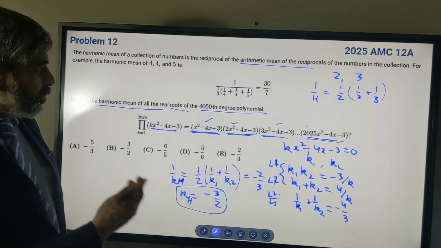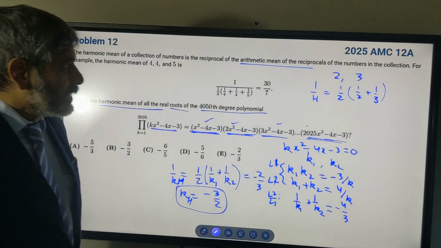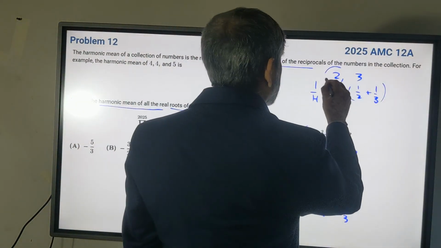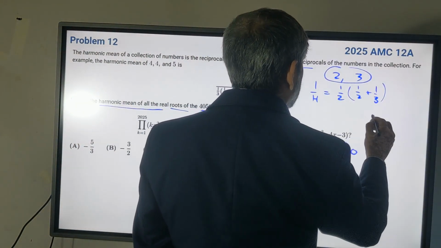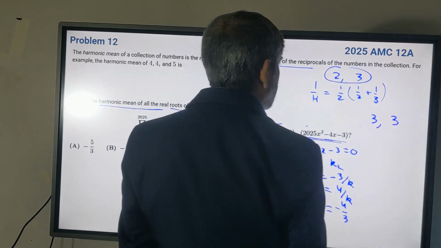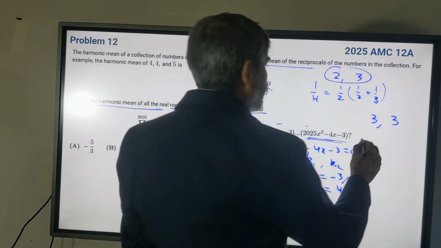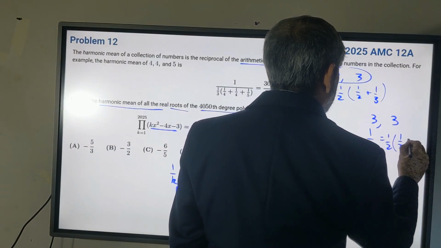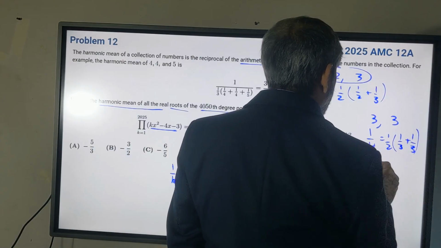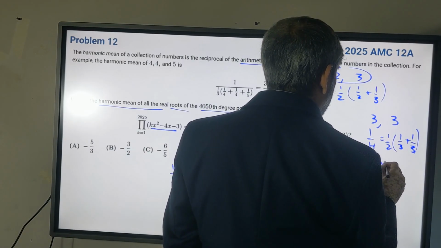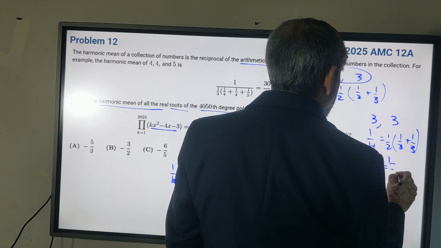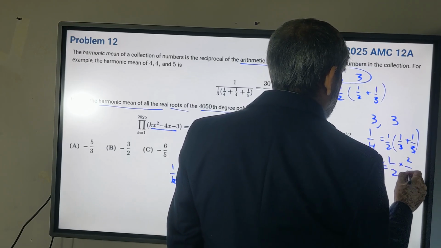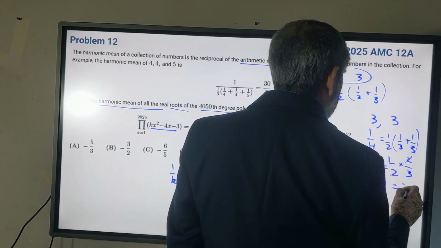Now as we add more terms, one thing we know is, let's say these two numbers are equal. For example, if you want to find the harmonic mean of 3 and 3, then 1 upon h is equal to half of 1 upon 3 plus 1 upon 3, which is 2 by 3, and this h is going to be 3.